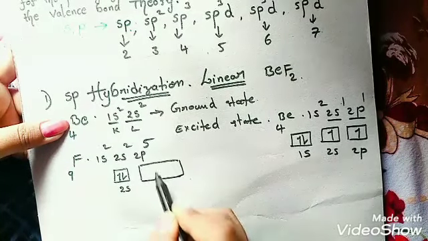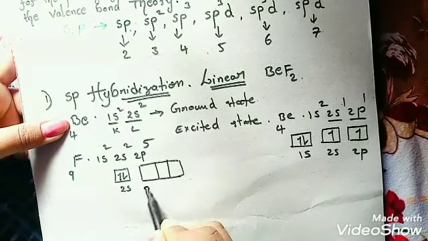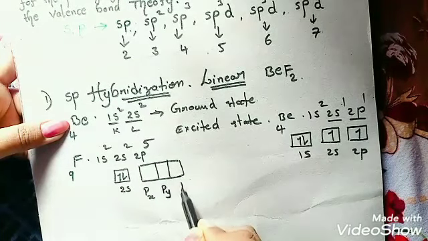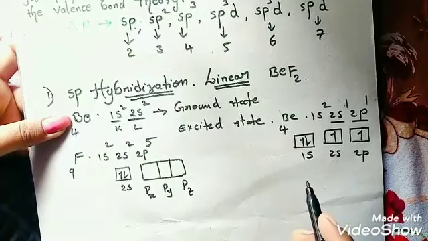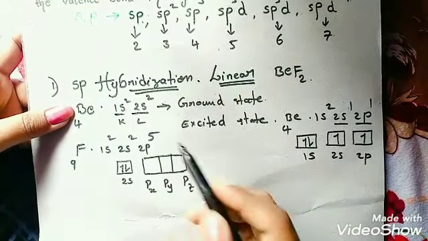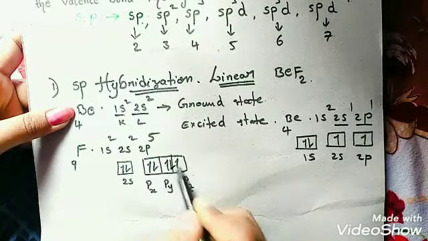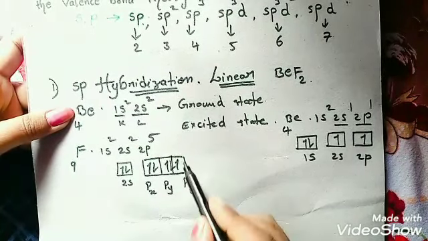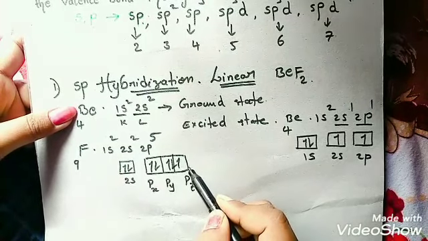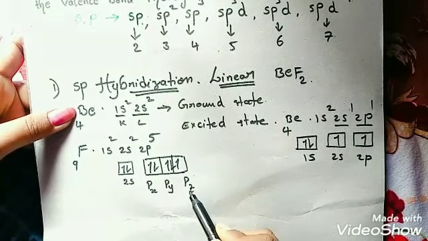P orbital contains px, py and pz. So students, here 5 electrons can be arranged like this, 4 and 5. Here see, only 1 single electron is present in pz orbital.